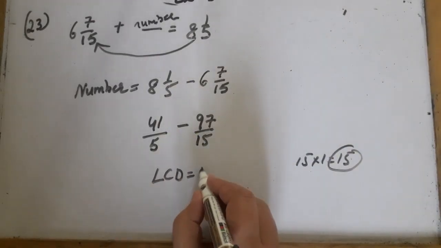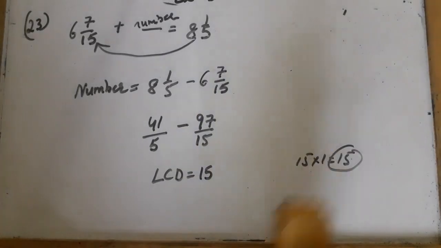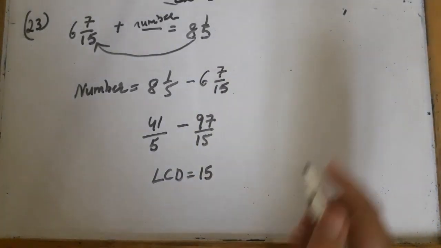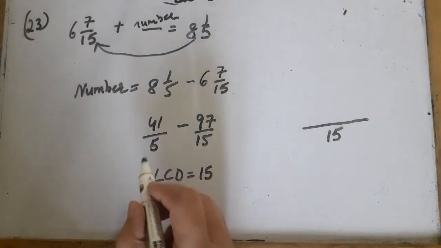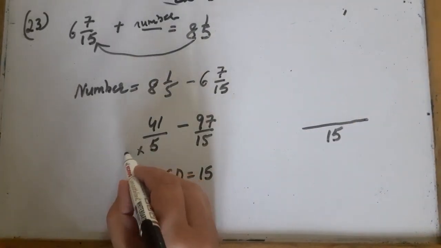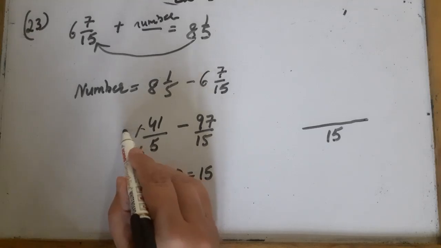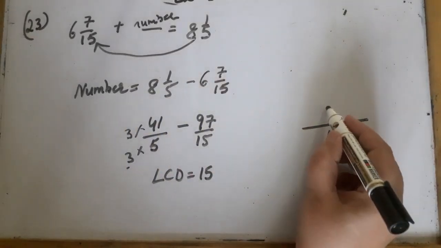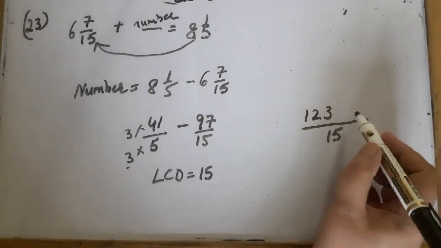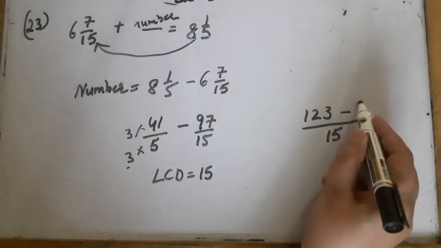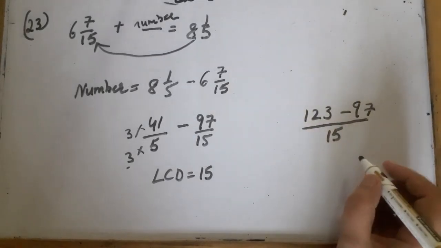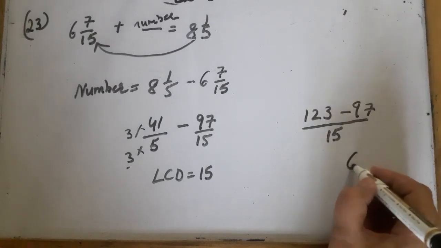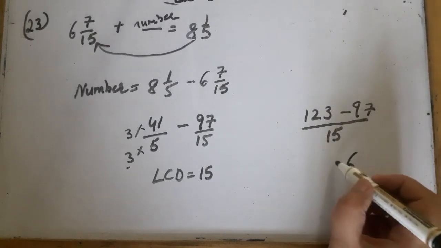Yes, 5 3s are 15. So 15 will be my common denominator. Now both the fractions will have the denominator 15. To change the numerator, 41 3s is 123. Now this is 15 only, so subtract 97 from 123, and what will you get? 26.